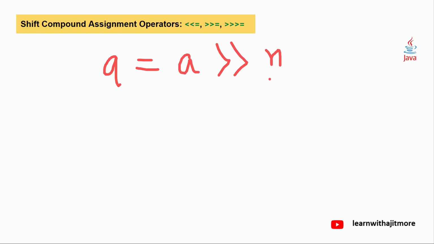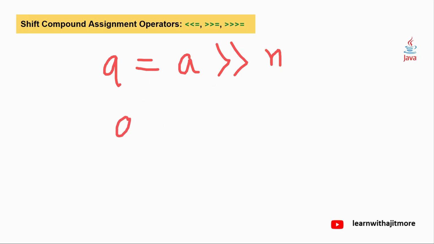You want to shift A right side or left side by 2, by 3, whatever, and store the answer again in A. The whole thing you can do in a shorthand form by using a compound shift assignment.